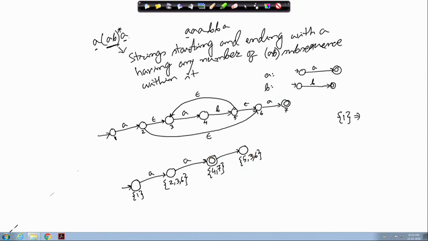Now, from 5, 3, 6, if you get A: from 5 on A there is no transition, from 3 on A it can come to 4, and from 6 on A it can come to 7. So, that gives us this state only. So, you see that this is a transition which is on A.